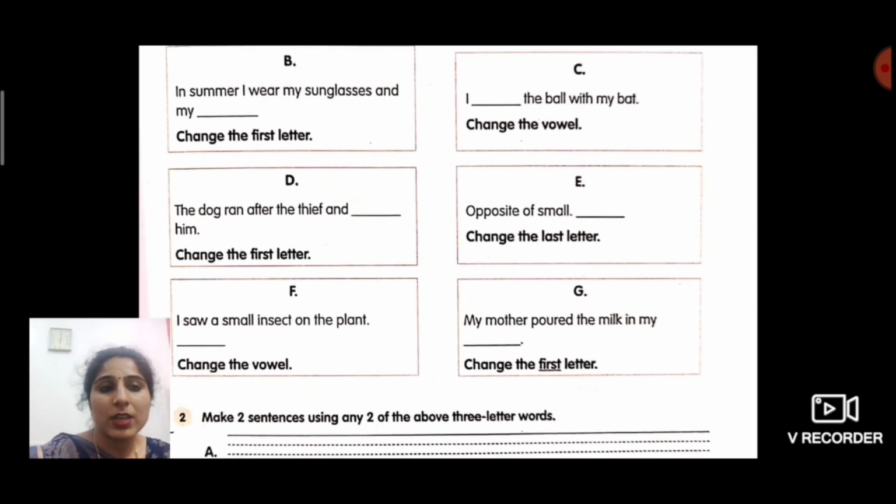Change the last letter. Here you have to change the last letter. I saw a small insect on the plant. Change the vowel. Here what will you do? You will change the vowel. And what is the position of the vowel? You are using the vowel in the middle of the word. My mother poured the milk in my dash. Change the first letter. Here you have to change the first letter.